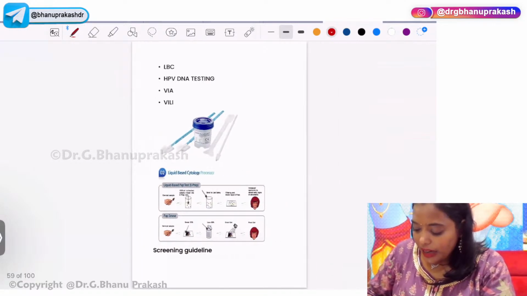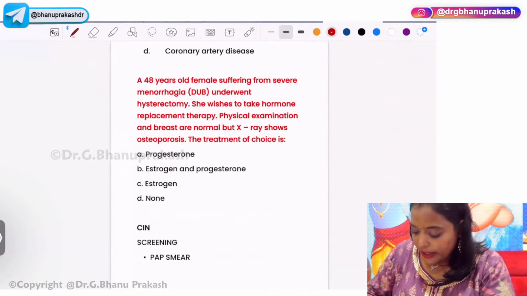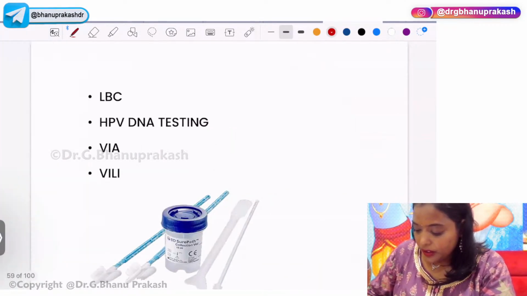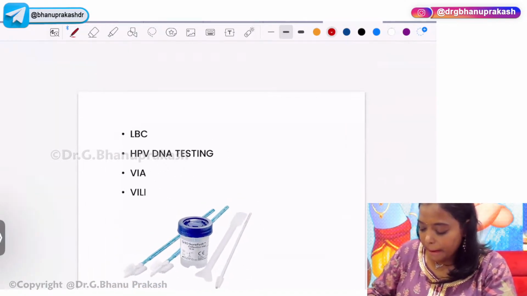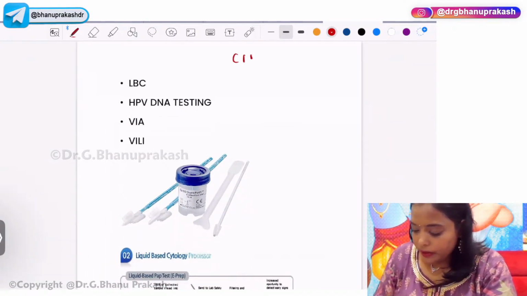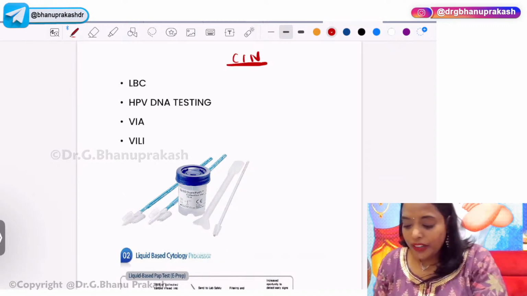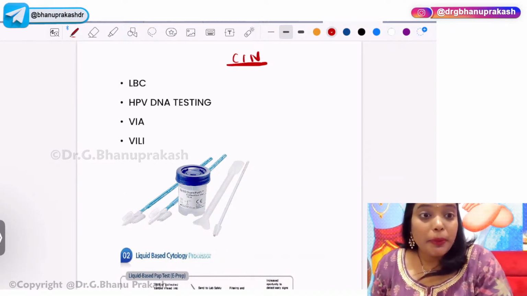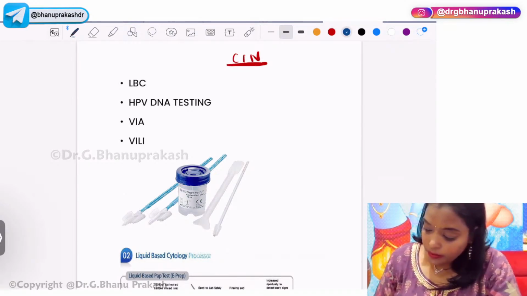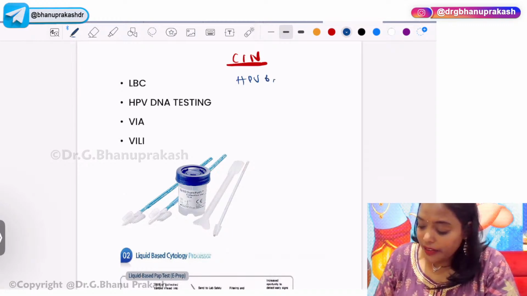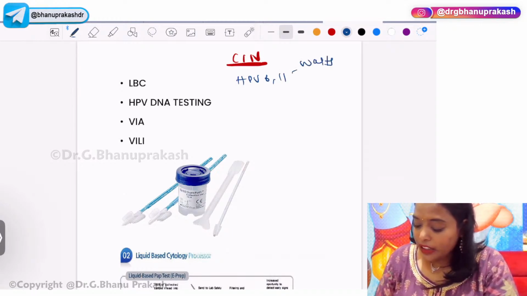So now we'll start discussing oncology, guys. Coming to CIN, the main villain in CIN is HPV. HPV 6 and 11 will cause warts and laryngeal papilloma of newborn.